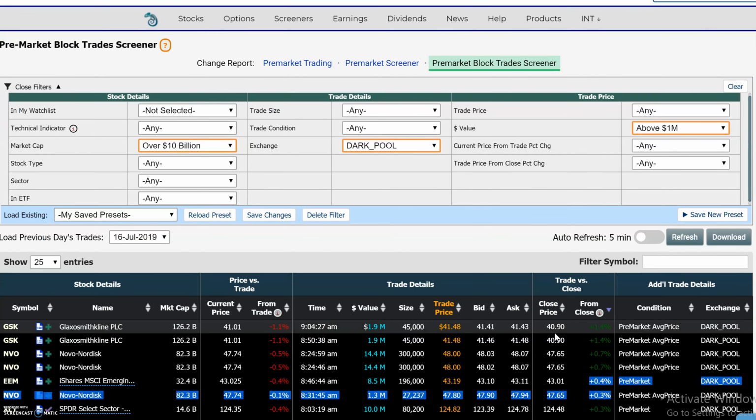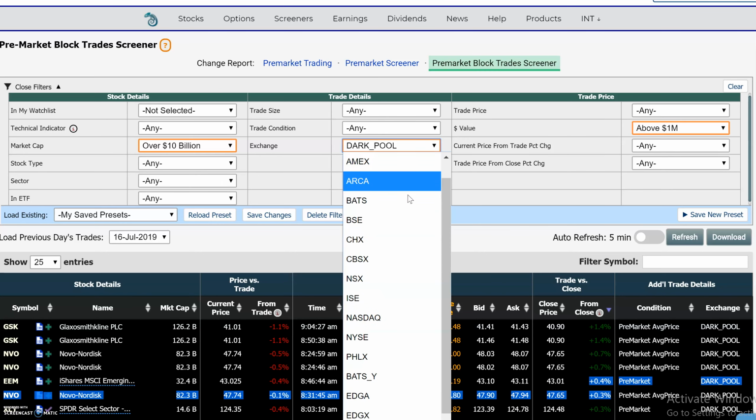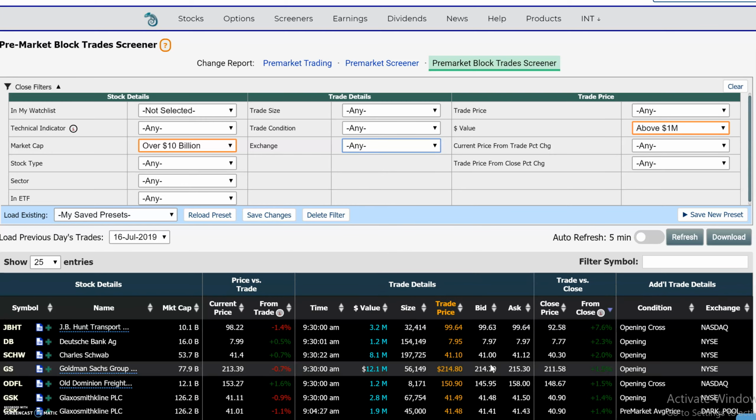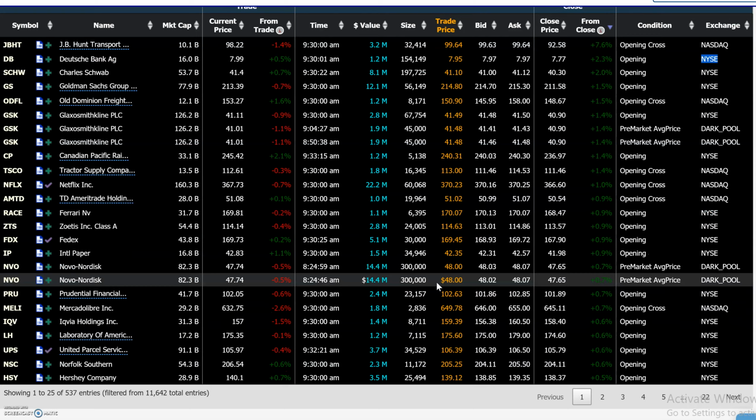So this is another way to look at pre-market activity and what might be happening in the big trades, where it might be two different institutions trading or getting matched up in a dark pool. Or you could also just look for any exchange, and this will show you all the exchanges, how things got matched up.